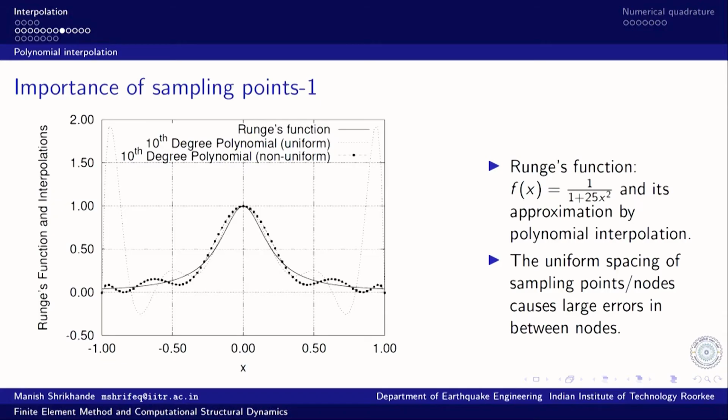How to choose the nodes for developing polynomial interpolation, the best possible optimal location of points. We do not know the exact solution yet, but we do have some idea of what would be a better solution rather than indiscriminate uniform sampling of data points.